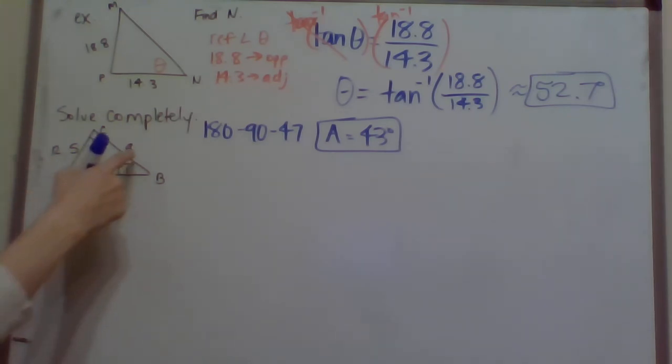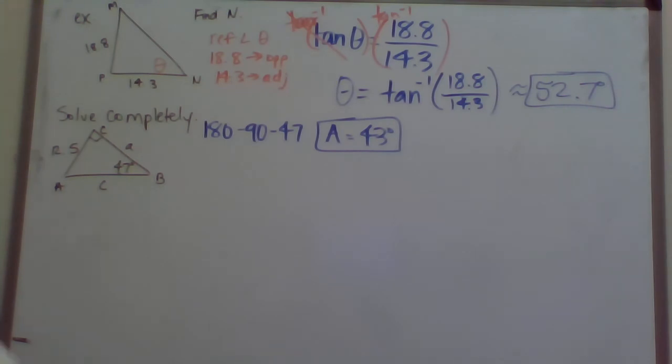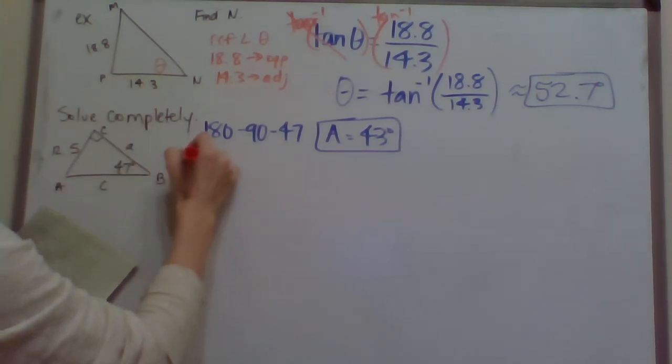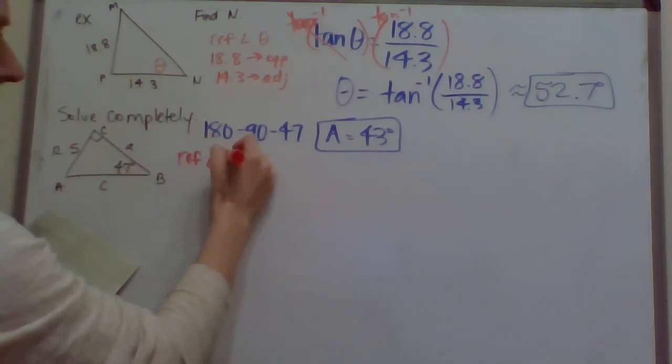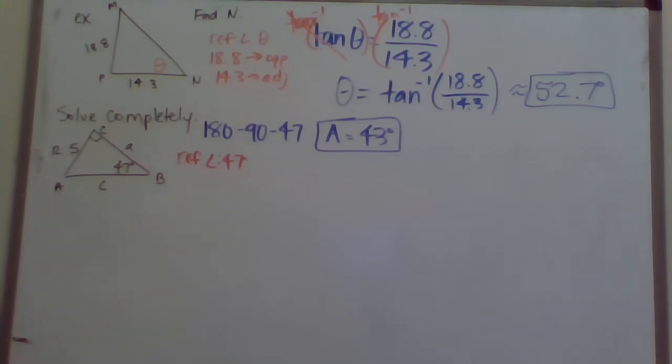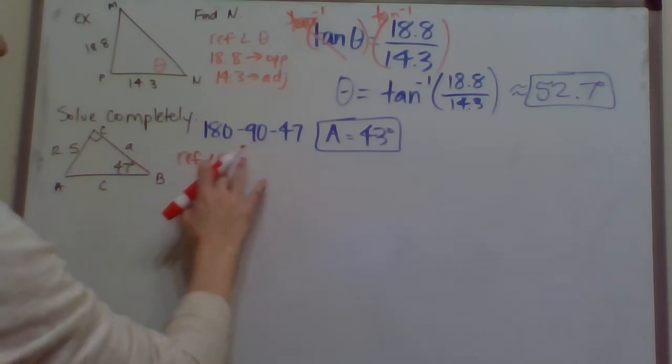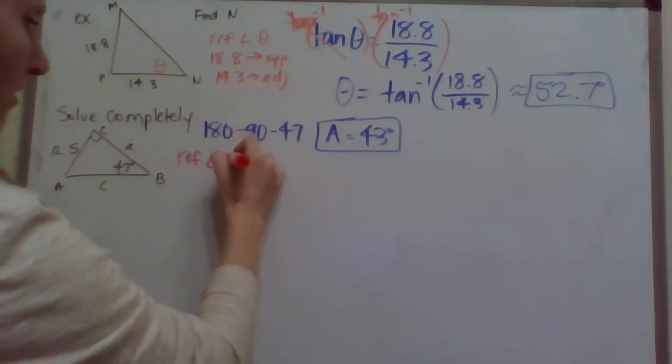Now I need to solve for side A and side C. And here you have a plethora of information, so you can choose whatever you want to choose. I'm going to choose the reference angle to be 47. Why? Just because I like 47. If you want to use this 43-degree angle as your angle of reference, that's fine too. So my reference angle is 47 degrees.